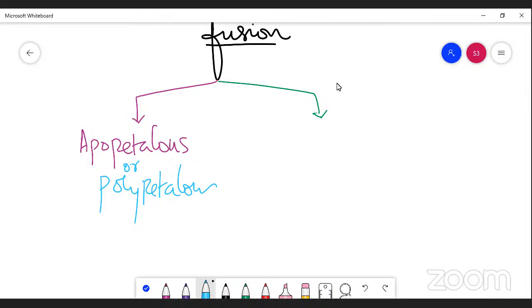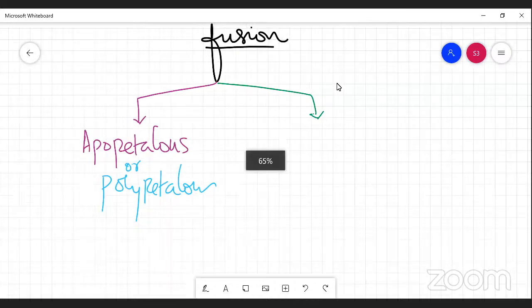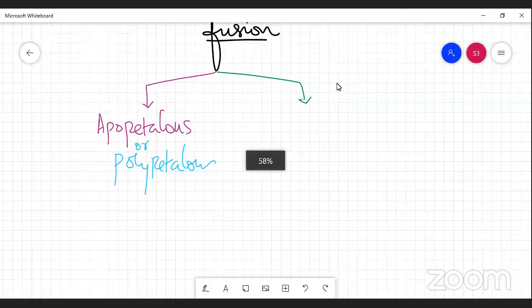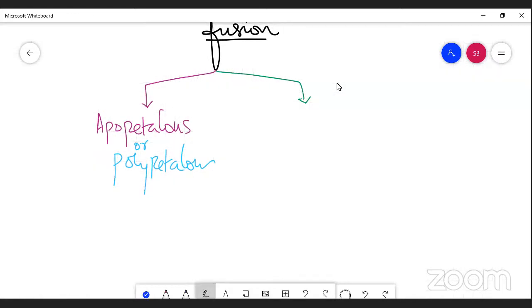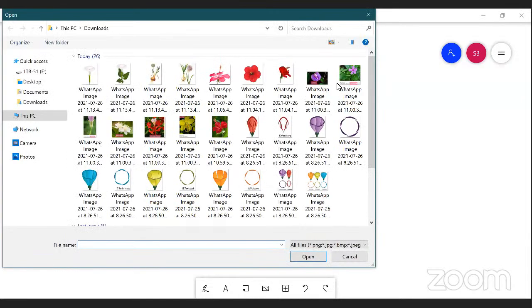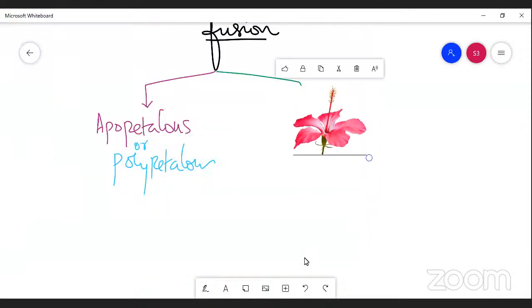If you take Hibiscus rosa-sinensis, you can find that the sepals and the petals are free in nature. In the beginning itself, I think you have seen this flower, Hibiscus rosa-sinensis, in which the petals are freely originated. This is a structure I have already shown you, dear students.